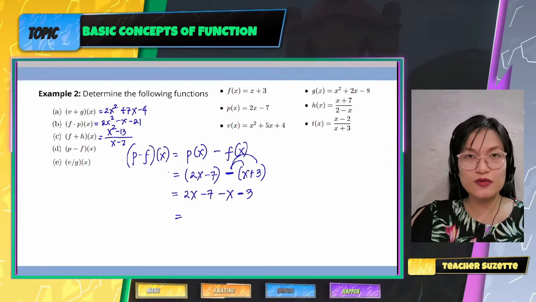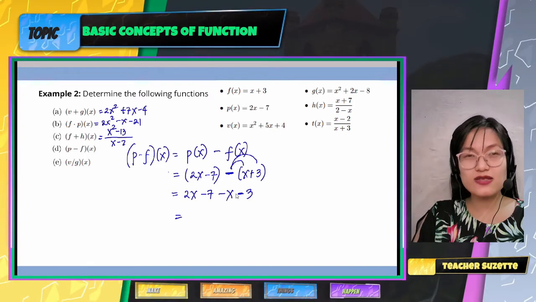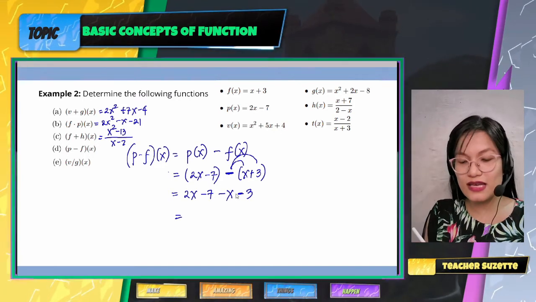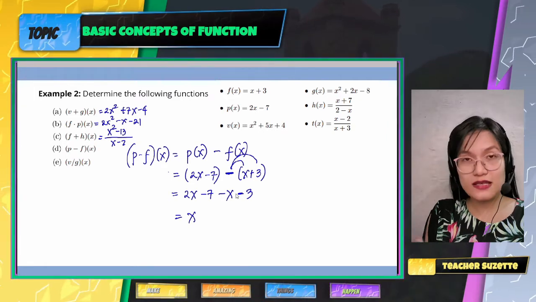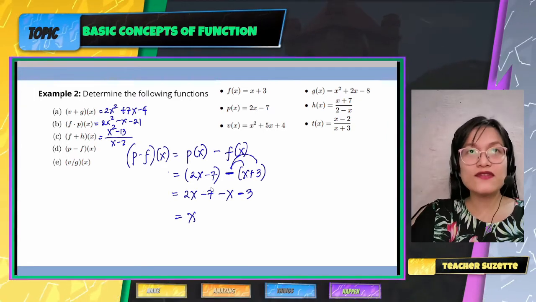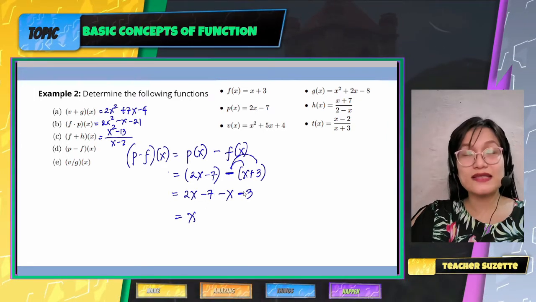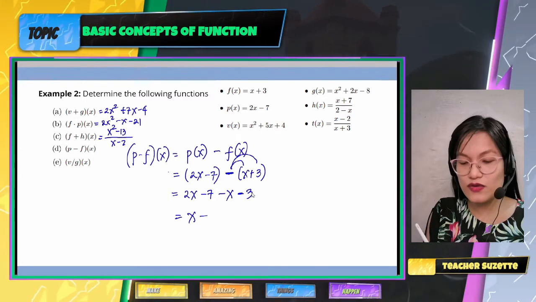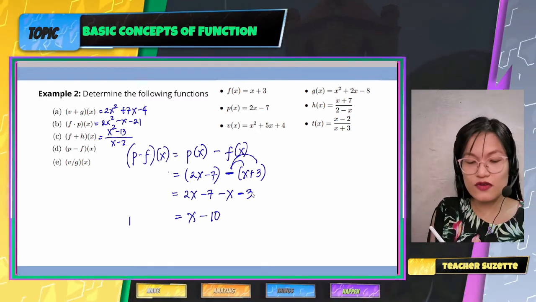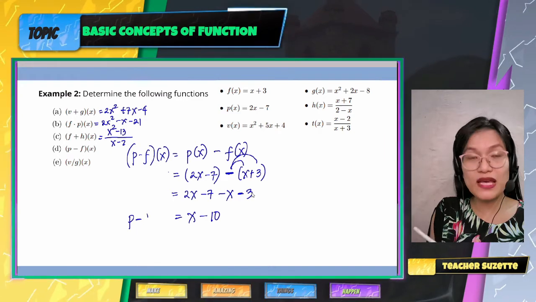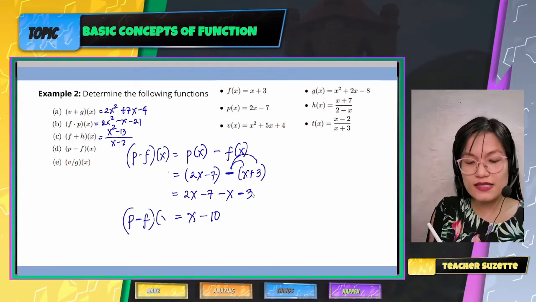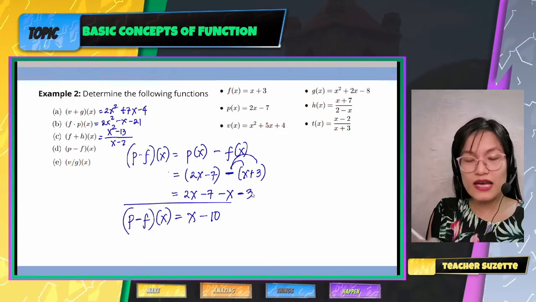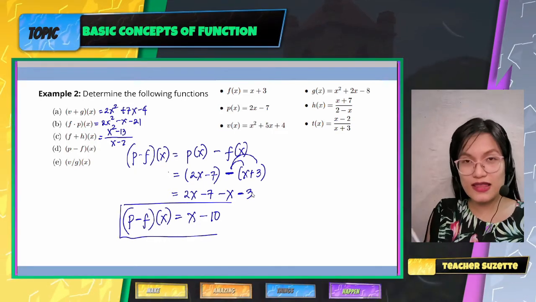And our like terms here are 2x and negative x. So, 2x plus negative x is positive x. Then, negative 7 plus negative 3 is equal to negative 10. So, therefore, our answer for p minus f of x is equal to x minus 10.